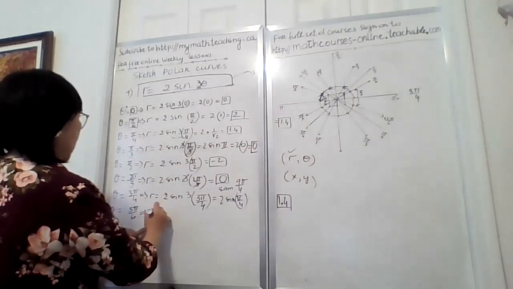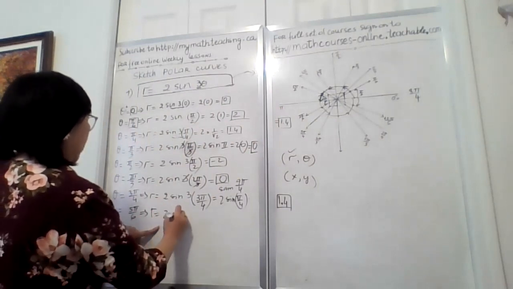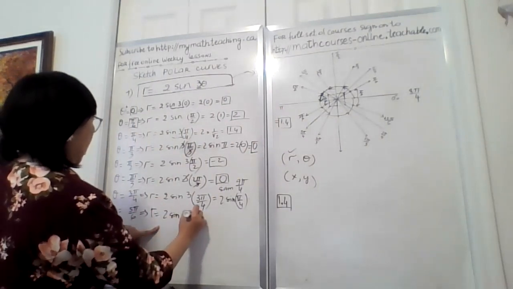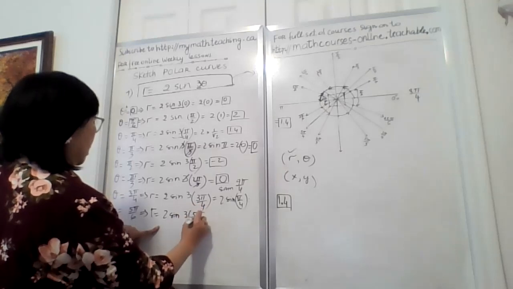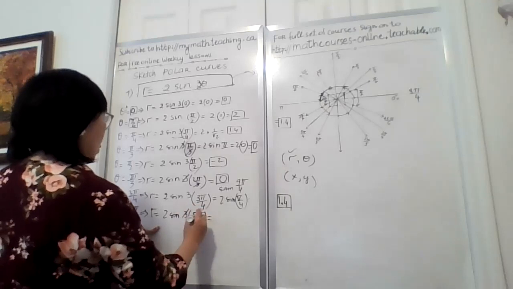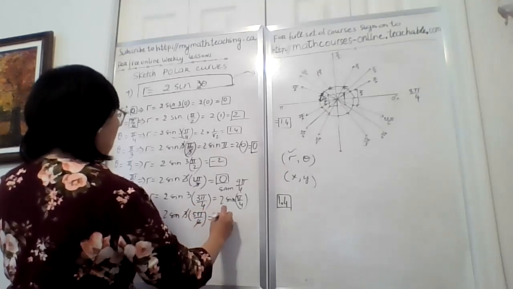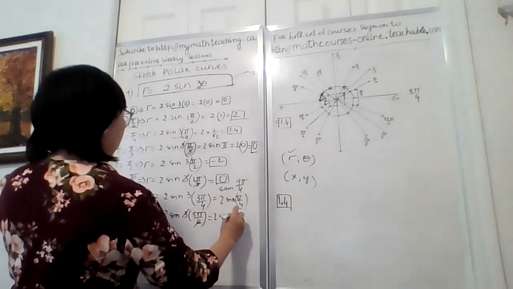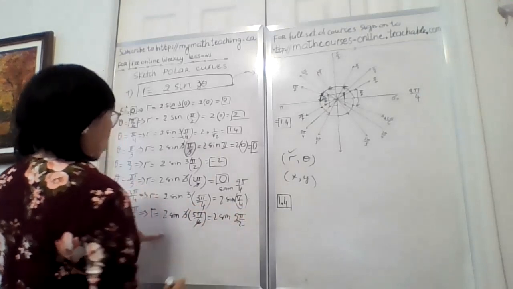Now, if theta equal 5 pi over 6, what happens? For 5 pi over 6, R will be equal to 2 times sine of 3 times 5 pi over 6. We can cancel that, and that equals 2 times sine 5 pi over 2, right?